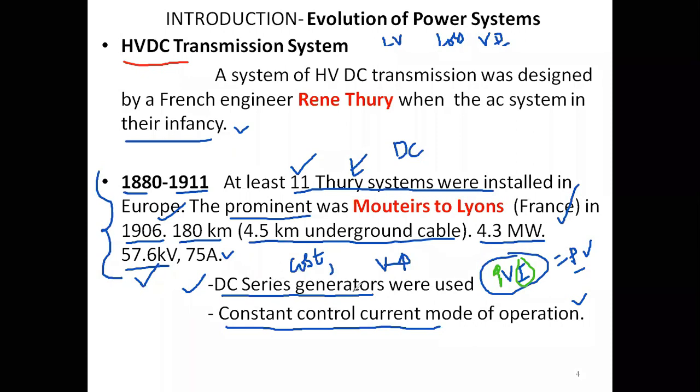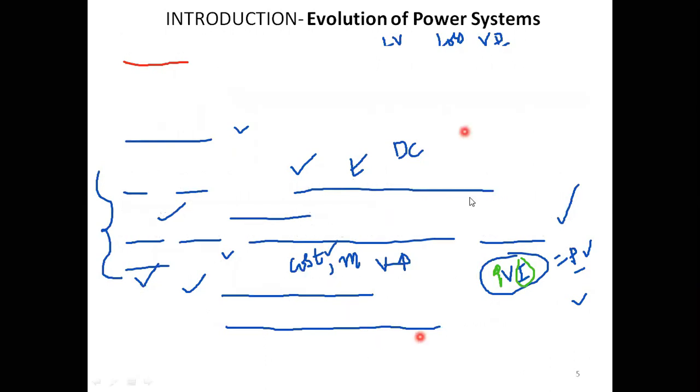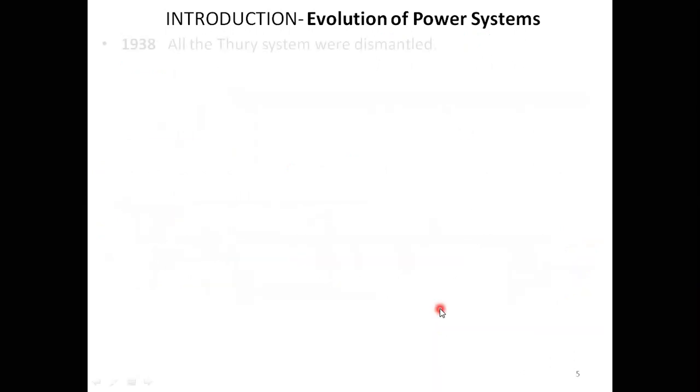Because of all this, these Thoury systems were not that popular, because they had to go for many DC series generators, and it was more costly, with maintenance and installation problems. Even though he developed these 11 Thoury systems, slowly they were dismantled, and the AC systems again became more prominent at that time.